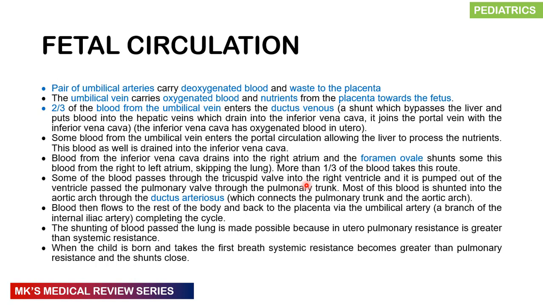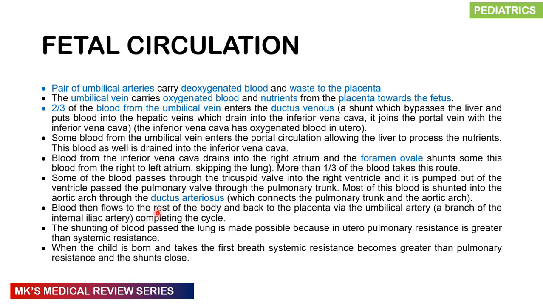Some of the blood passes the tricuspid valve into the right ventricle, and then is pumped through the pulmonary valve into the pulmonary trunk, but most of this blood is shunted into the aortic arch by the ductus arteriosus, which is a connection between the pulmonary trunk and the aortic arch. Then this blood flows to the rest of the body and back to the placenta via the umbilical arteries, which are branches of the anterior branch of the internal iliac arteries.